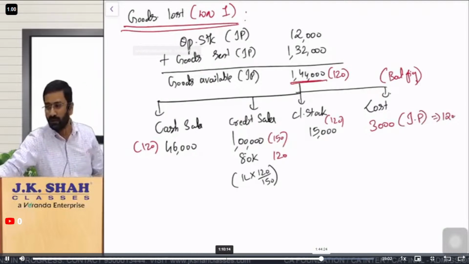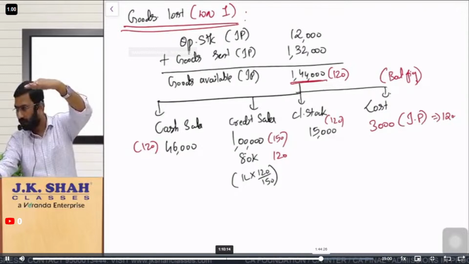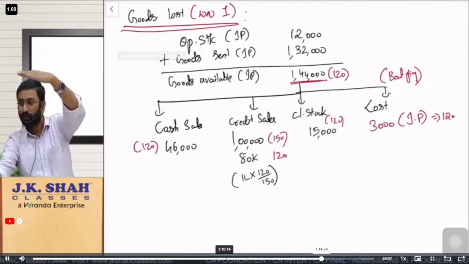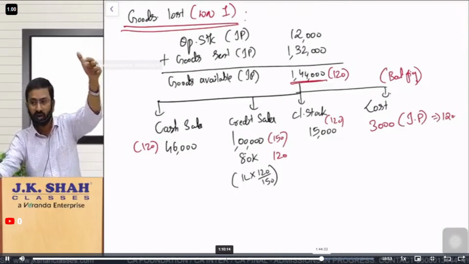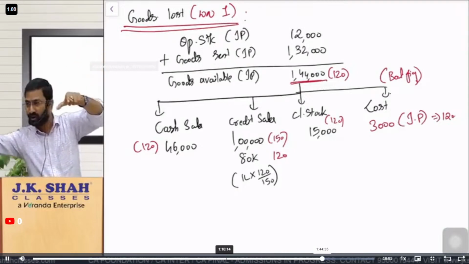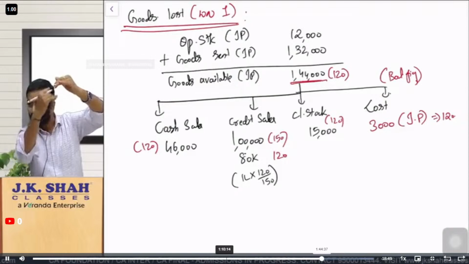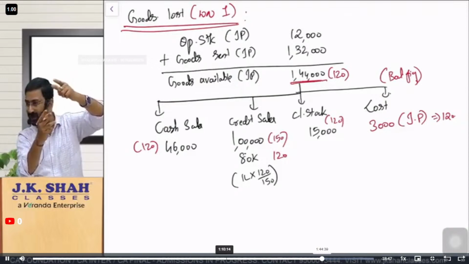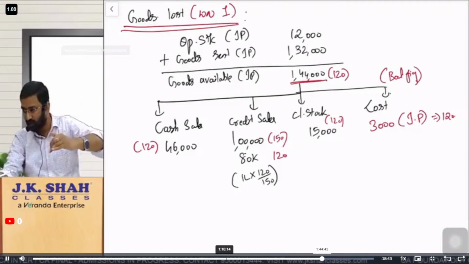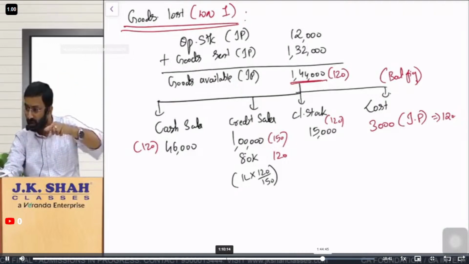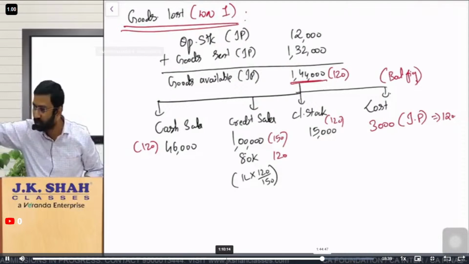Easy. But when I prepare the trading account, all of you please concentrate. When you prepare the trading account, everything should be at cost: opening stock at cost, purchase at cost, closing stock at cost. From the purchase you should remove goods lost. Later you have to book it in the P&L. So when you remove goods lost, you should remove which price? Cost price. But this 3,000 is which price?